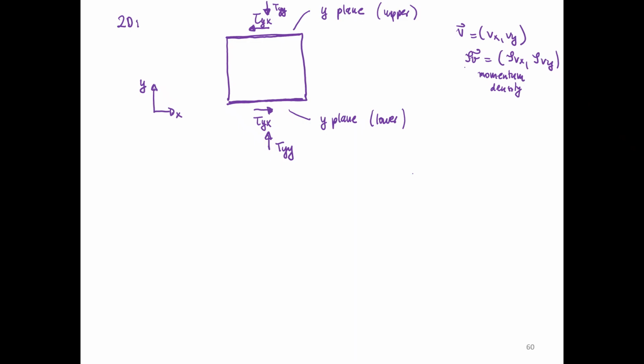Okay, what do I have on this side here? So this is my x plane. Let me change colors here, I'm going to go to some green. So this is my x plane, and this one is upper. Upper means that in this coordinate system, it's in the larger x's than the other one.